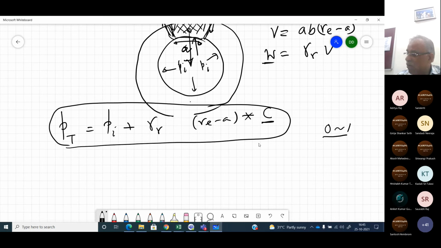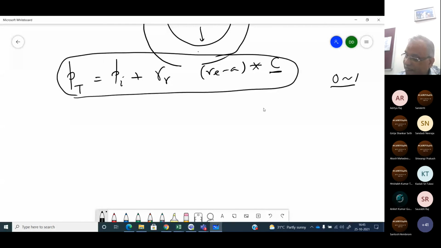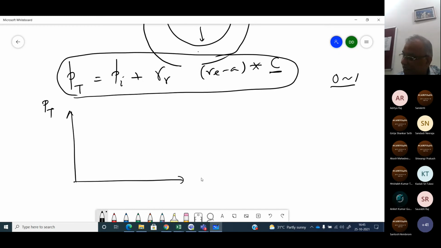Okay. Now, can anybody tell me how this curve will look? PT versus Pi. Can you tell me the shape of this curve? Anybody?